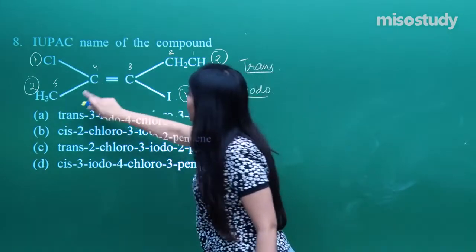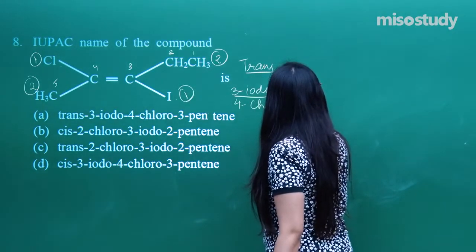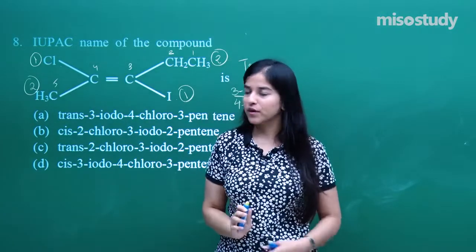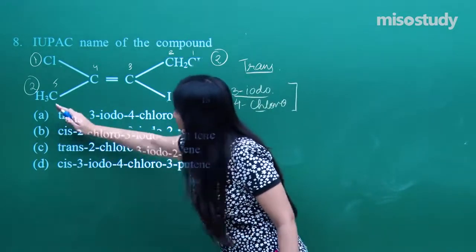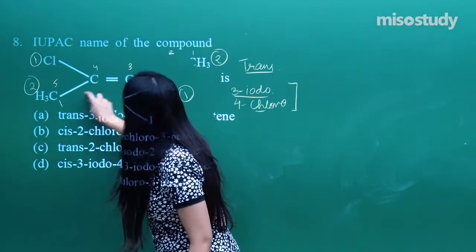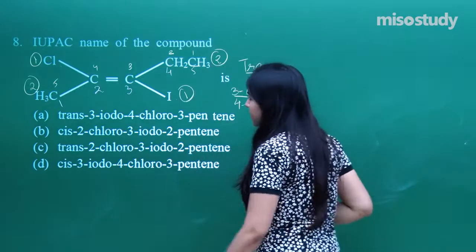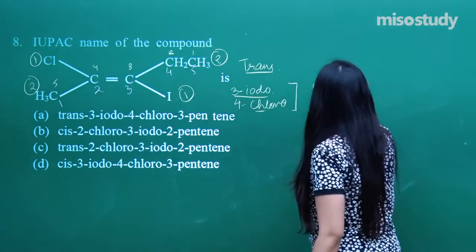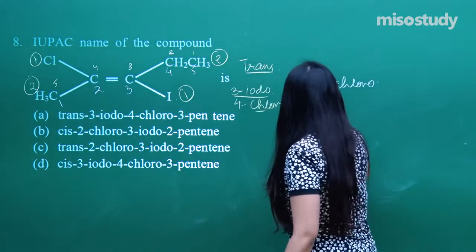What else? 4 is chloro. I hope you all are getting it. The geometry is slightly changed, but it is actually a very simple question. So 3-iodo, 4-chloro over here. If I start from this side, what do I have? I have got 1, 2, 3, 4 and 5. That means 2-chloro, and another set is 2-chloro and 3-iodo.